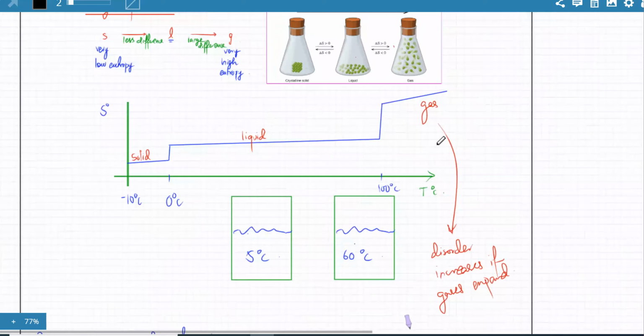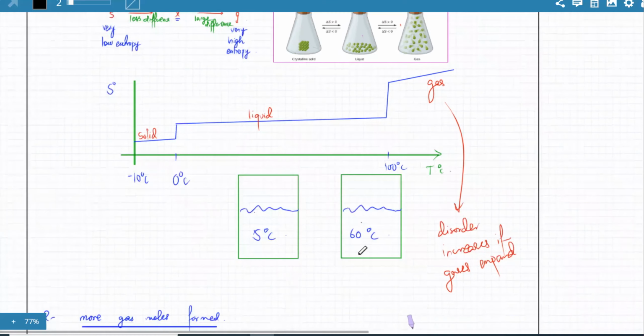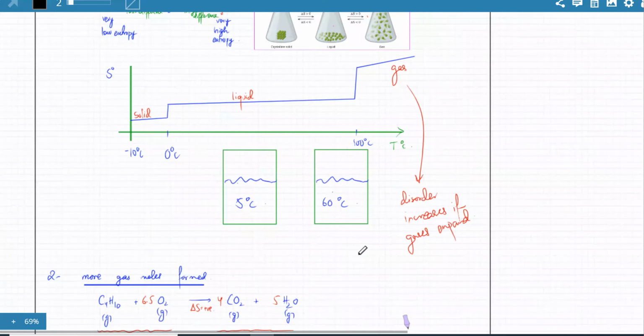And I also explained that when temperature increases for a substance, the disorder jumps most of the time, especially when there's a state change. Otherwise, the entropy doesn't really increase a lot. And so water at 5 centigrade, water at 60 centigrade, the entropy or disorder is kind of exactly the same, not much different.